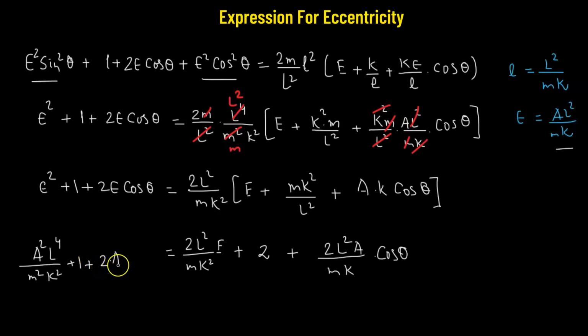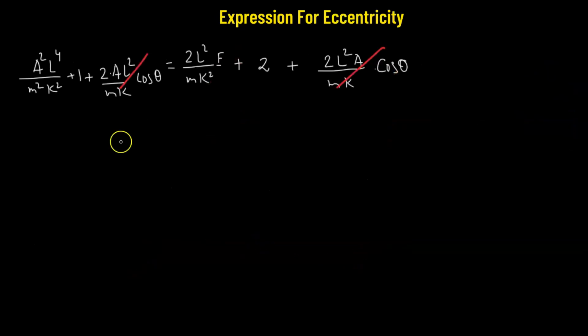So 2 times epsilon is a L squared over mk times cosine theta. So here we can see that this particular term gets cancelled out from both sides. So we should get a squared L raised to the power of 4 divided by m squared k squared.